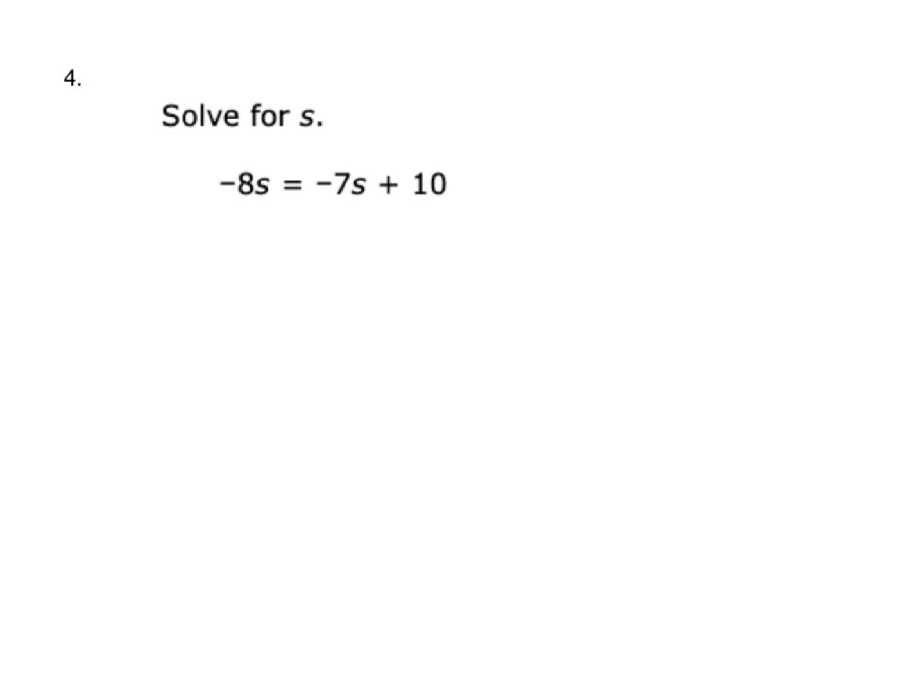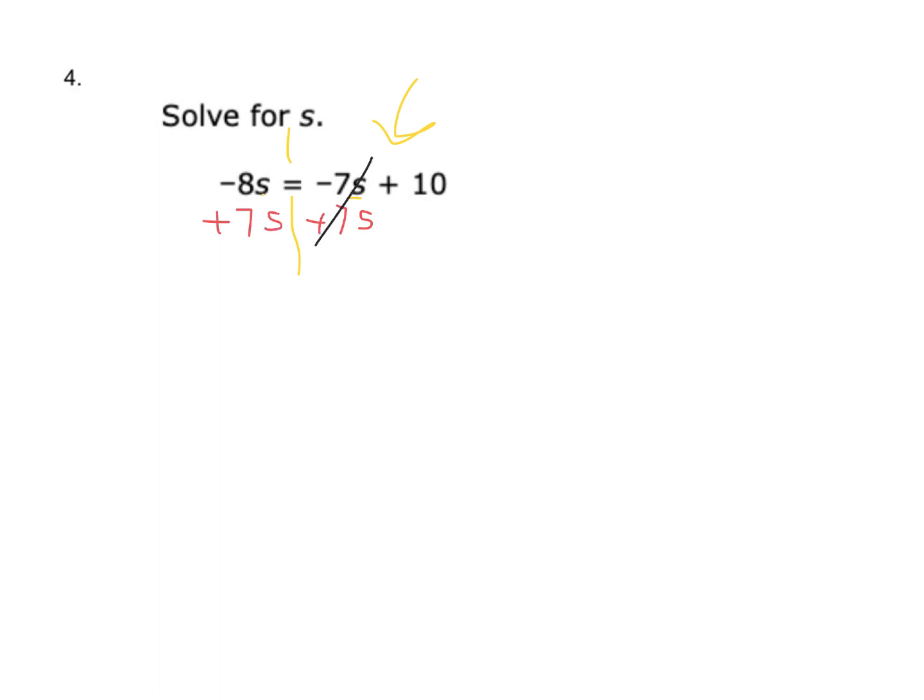Okay, here we go again. We have variables on both sides. We want to get our letters together. And since there's 2 terms over here, I want to keep a balance. I'm going to start on this side and add 7s to both sides.